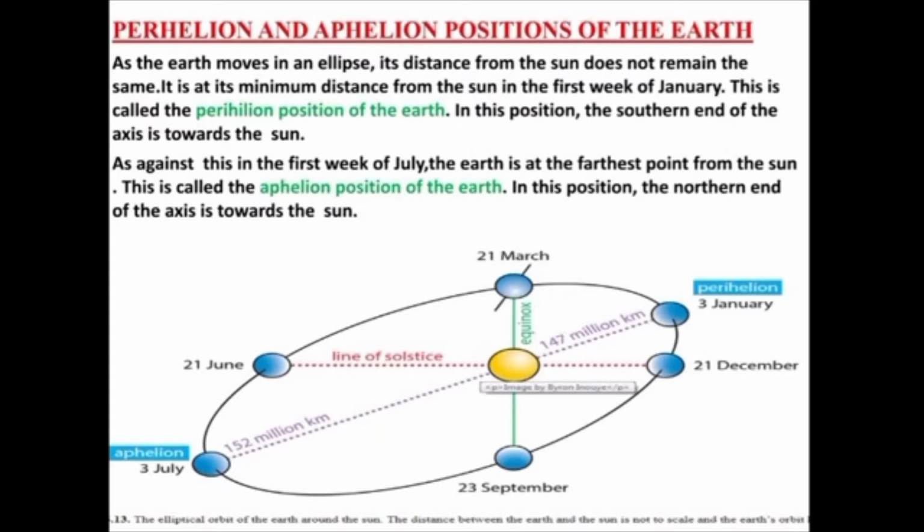In this position, the southern end of the axis is towards the sun. As against this, in the first week of July, the earth is at the farthest point from the sun. This is called the aphelion position of the earth. In this position, the northern end of the axis is towards the sun. We can see it on the slide in the diagram. We have already studied it.